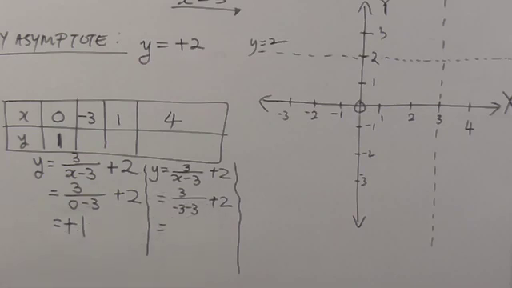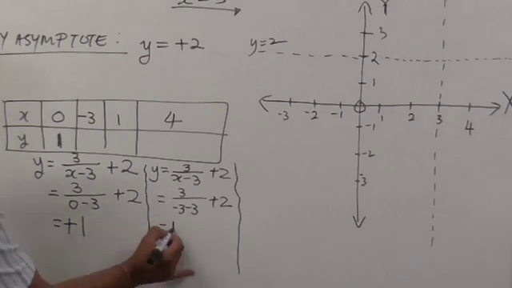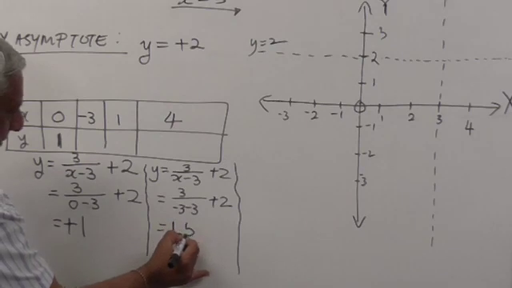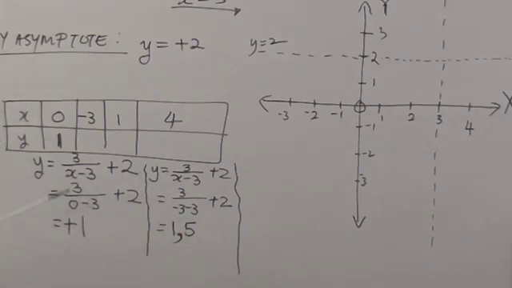Put that in your calculator. And that's minus half plus 2. You'll get 1,5. Alright, I'm not using a calculator, but I'm sure I'm right. That's 3 over negative 6. That's negative half plus 2 will give you 1,5. So this is 1,5.